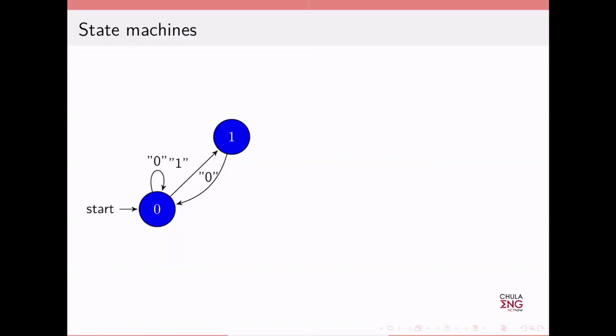And from that state, if the input A is 0, right, we go back to the beginning. We go back to the state where there's no A yet. It's the same as the previous state where A is 0. So we put the arrow here saying that if A is 0, then we should come back here.